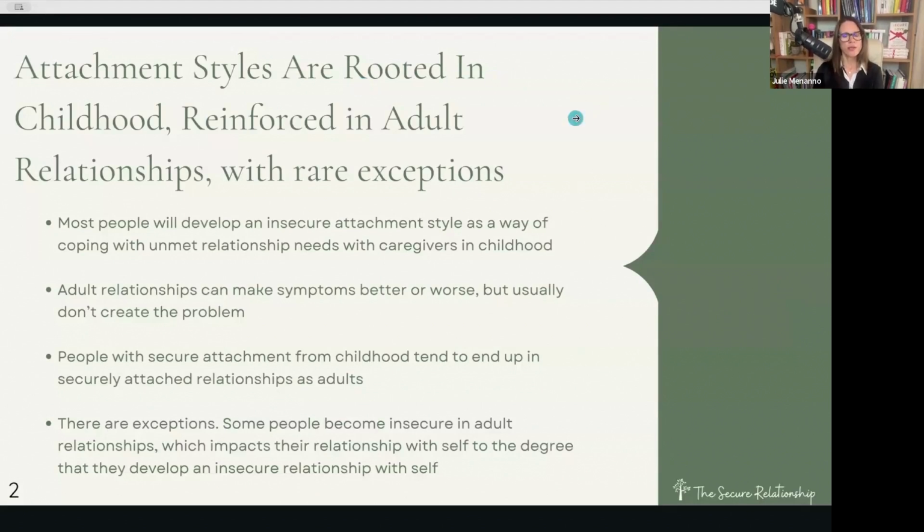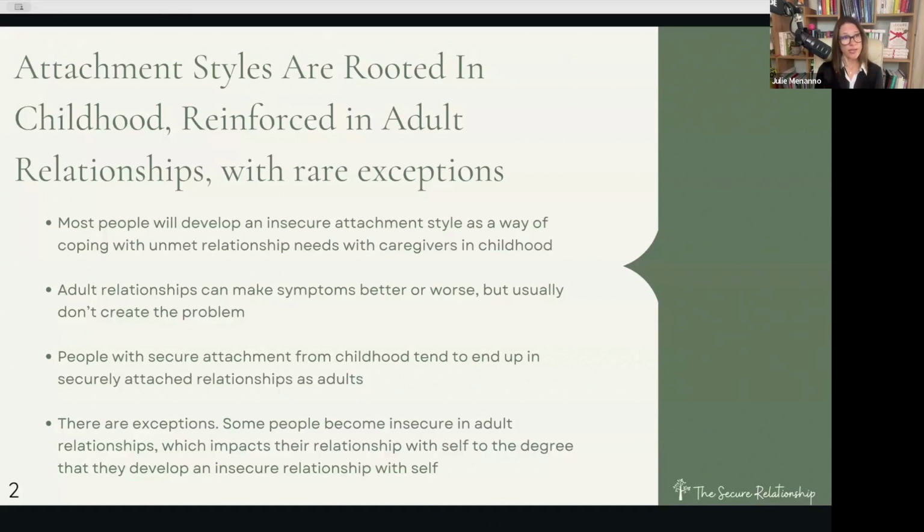Okay, so attachment styles are almost always rooted in childhood in some way, right? Most of the time, they don't just appear out of thin air in adulthood, or even appear in hard relationships in adulthood. There are some exceptions to that.